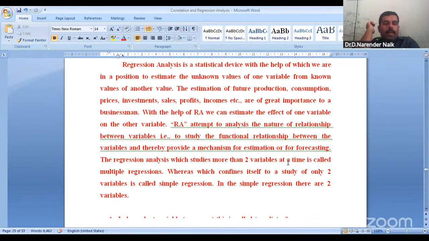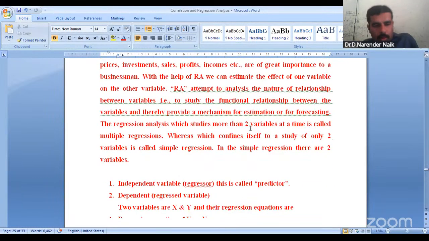The regression analysis which studies more than two variables at a time is called multiple regression, whereas that which confines itself to a study of only two variables is called simple regression. In simple regression, there are only two variables. Okay, so that is the independent variable, the regressor.